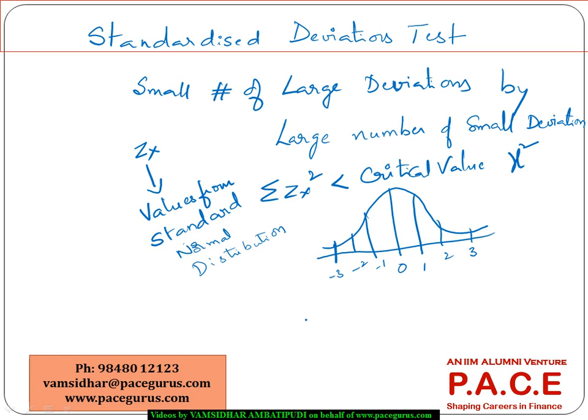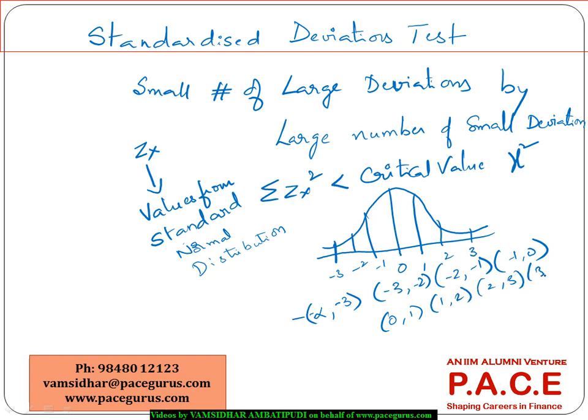So split this entire interval: -infinity to -3, -3 to -2, -2 to -1, -1 to 0, 0 to 1, 1 to 2, 2 to 3, and 3 to infinity.